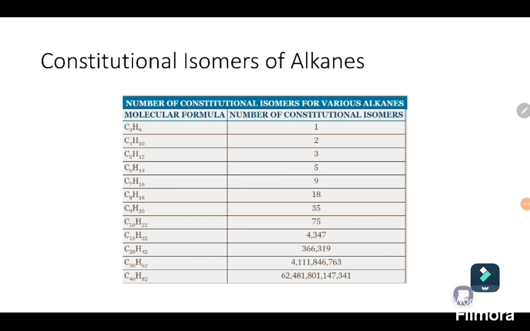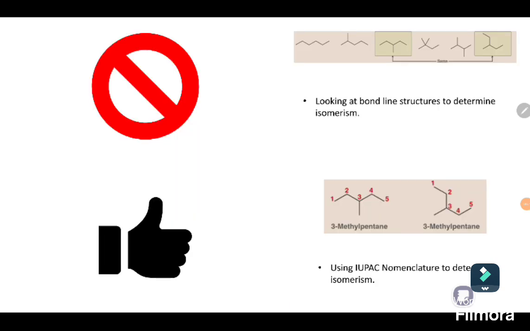It's also a good place to say that now that you understand how we're going to name organic compounds, you might not know the entire set of rules for nomenclature yet. But one way that you can check to see if a molecule is an isomer or completely different from another molecule is to name the two molecules.